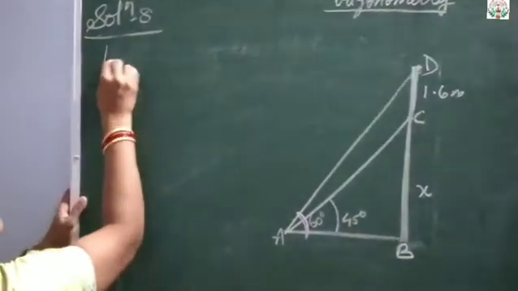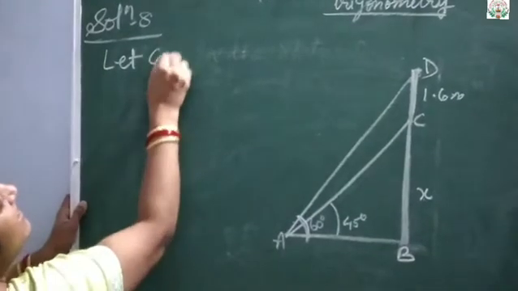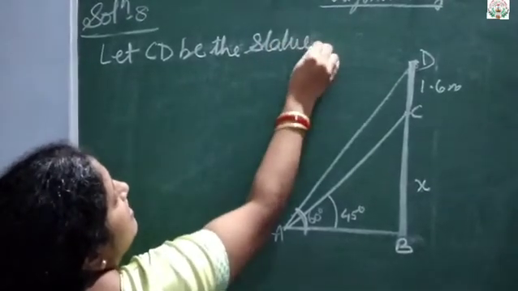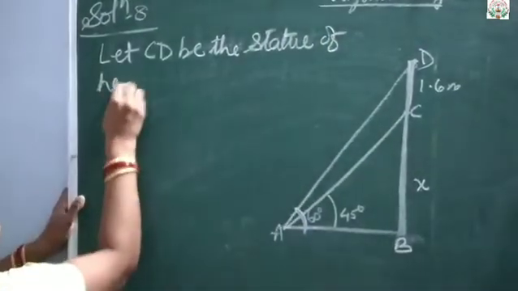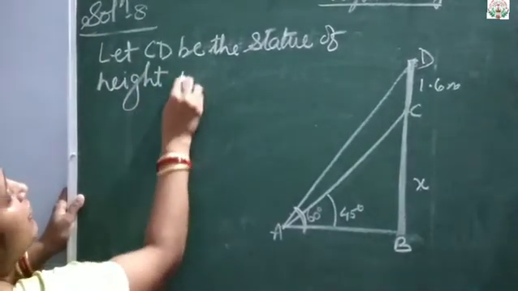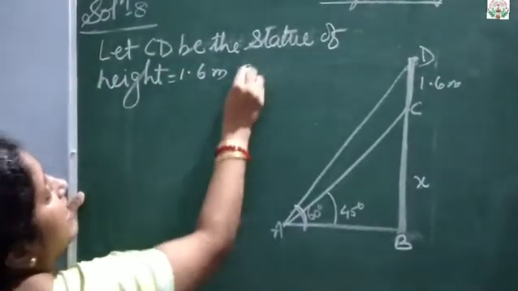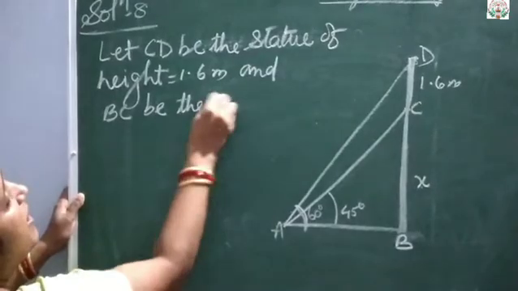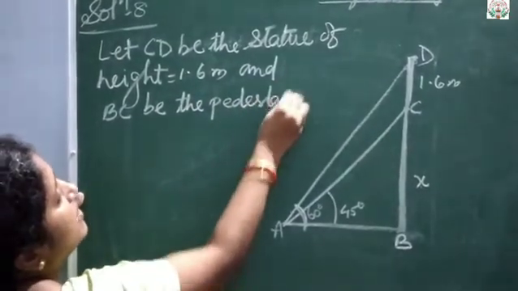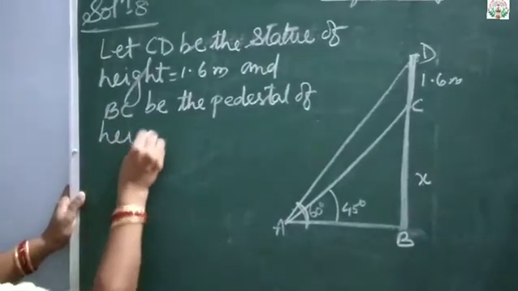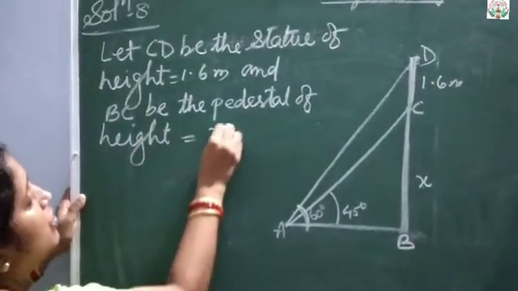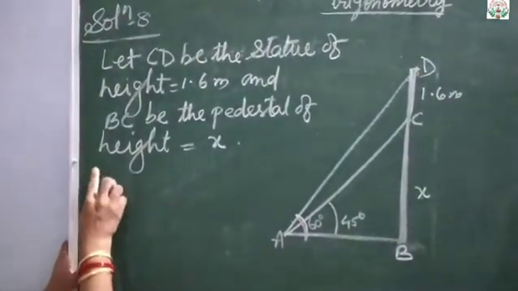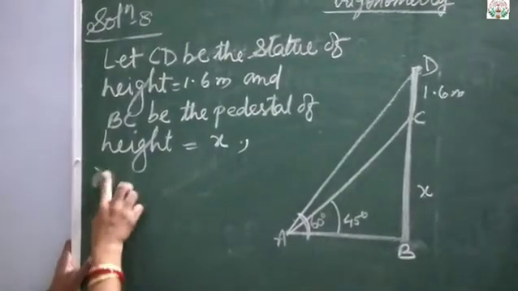So you can write here, let CD be the statue of height 1.6 meter and BC be the pedestal of height equals to x, because the height of the pedestal is not given to us.